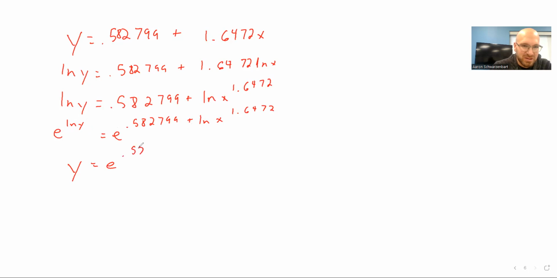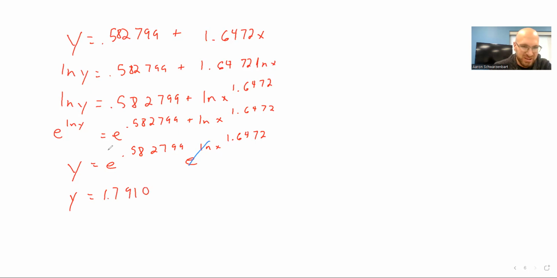Now, there's a really cool property here on using the exponent rules. When I'm adding exponents, they're like bases. So I can say e to this power and e to the ln x to the 1.6472. That cancels, or the e to the ln part cancels, not the x. Just this part. Giving me, and I'm just going to use my calculator to get e to the 0.582799, which is 1.7910.